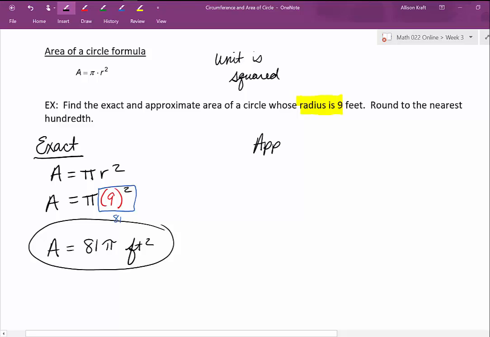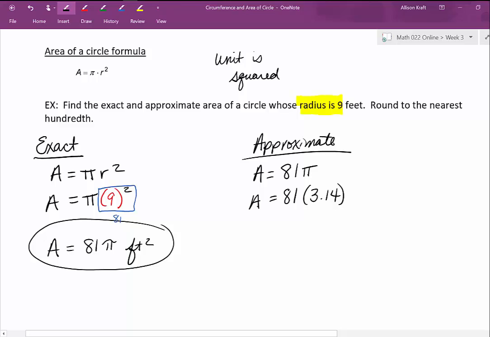To find the approximate area, we're going to replace pi with 3.14. We've already discovered that our area is 81 pi. So let's replace the pi with 3.14. Or again, you can use the pi button on your calculator.